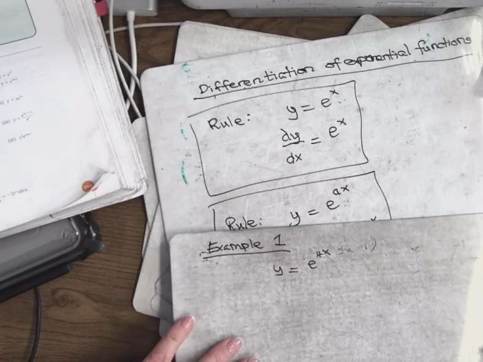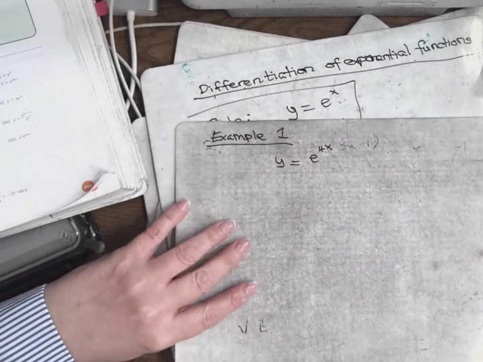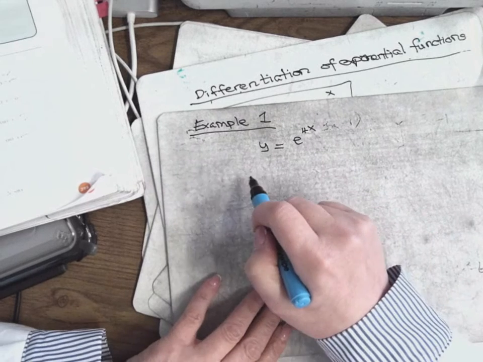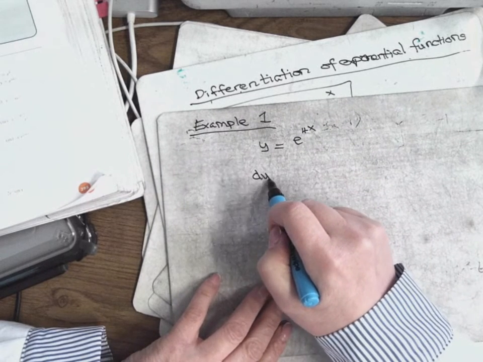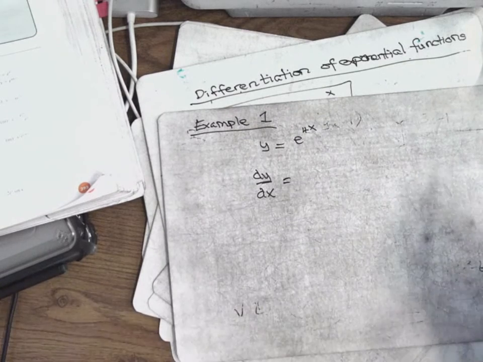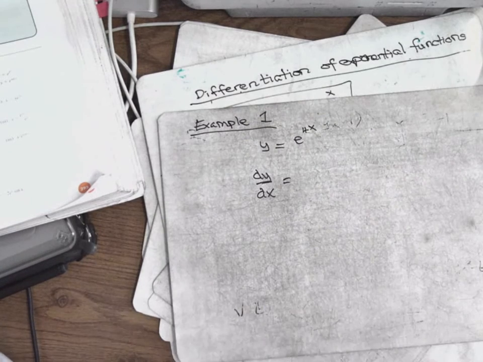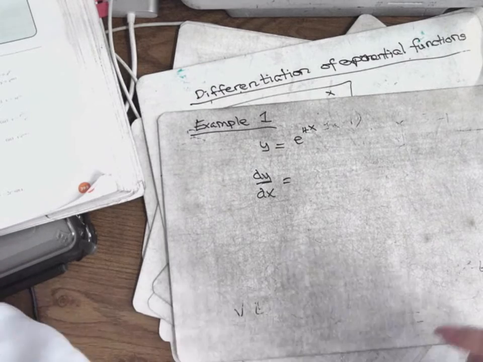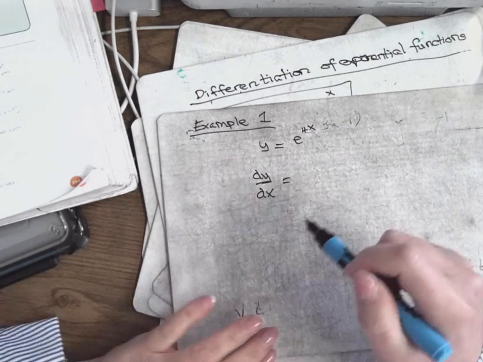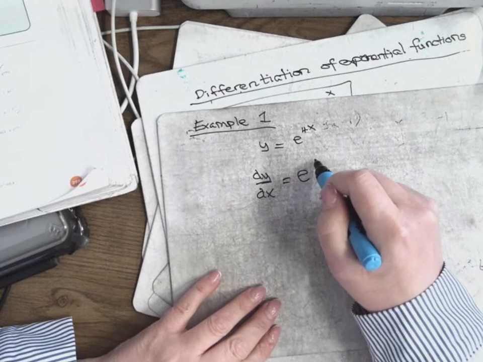Right, so if y equals e to the power of 4x, when you differentiate, girls, you get the exact same thing. So if you start with e to the power of 4x, e to the power of 4x is in your answer.